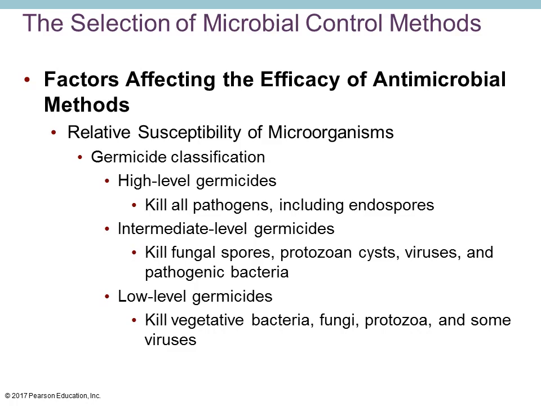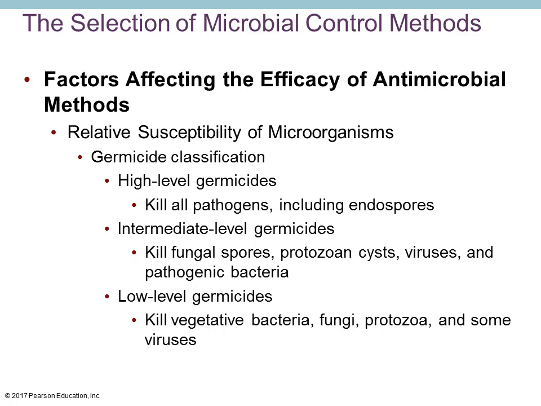Intermediate level germicides will kill the fungal spores, protozoan cysts, viruses, and pathogenic bacteria, but not those endospores. Low level germicides just kill the vegetative bacteria, fungi, protozoa, and some viruses. You're not killing any of the spores, so it's not going to be as effective.